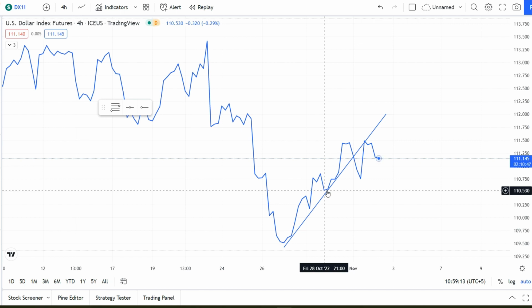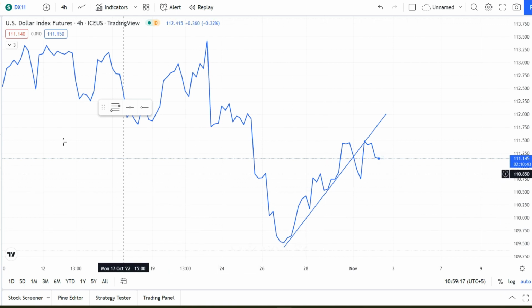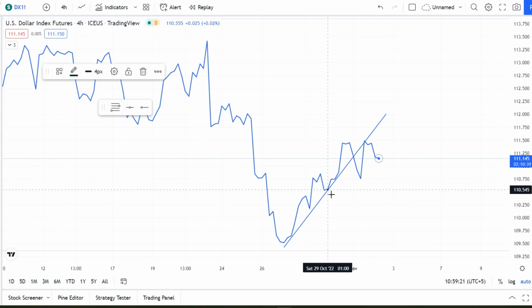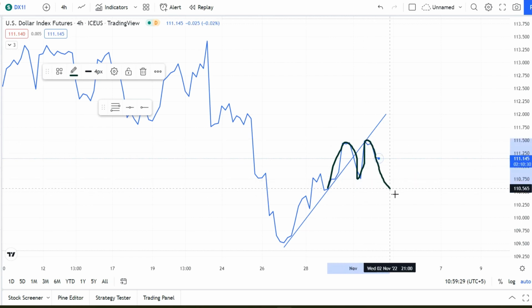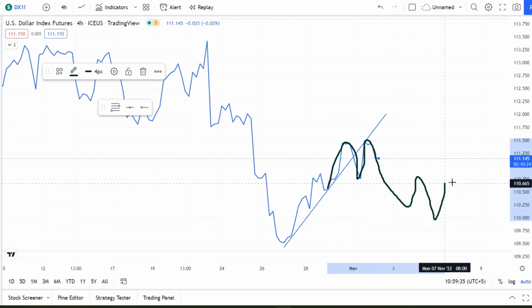Here the market will be able to give us the proper scenario, either a confirmed M pattern or not. It seems like the market is trying to give us the M pattern. So the market will try to complete this pattern, and again give us a small retest, then go downside again. So this might be the next possibility for the dollar.